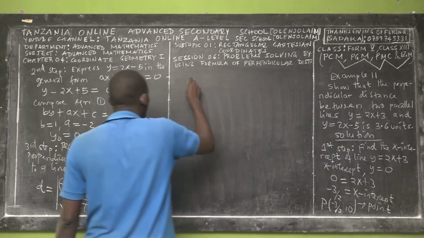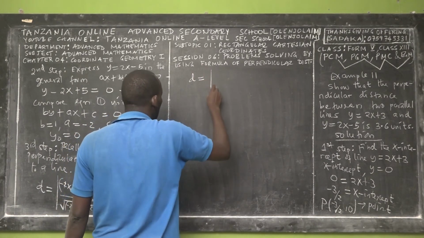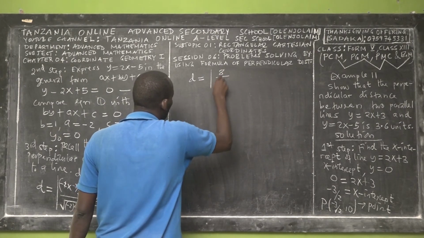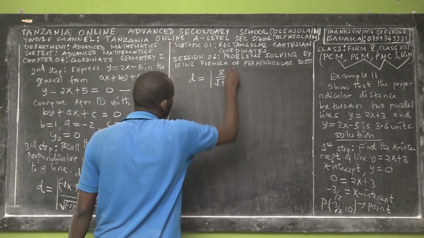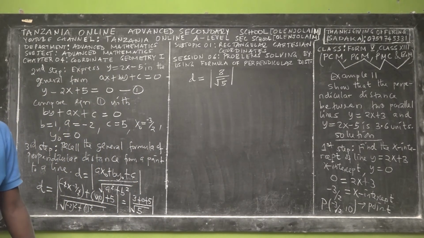So the perpendicular distance is equal to the absolute value of 8 over the square root of 5. That's the distance between the two parallel lines.